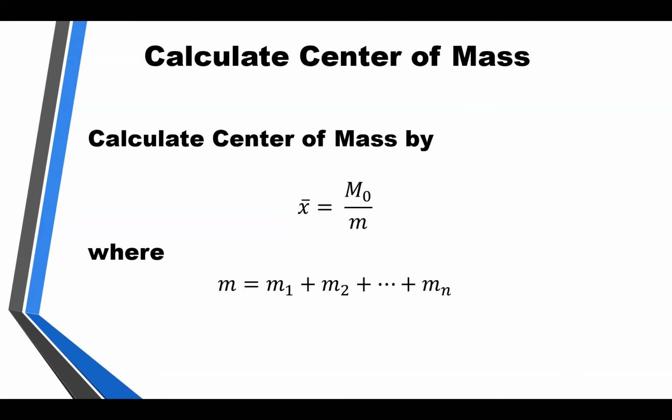Remember, we're talking about one-dimensional center of mass here, and that means all we're looking at is essentially weights on a number line. So we calculate the moment from 0, and then we divide by the total mass. That will give us where we balance.